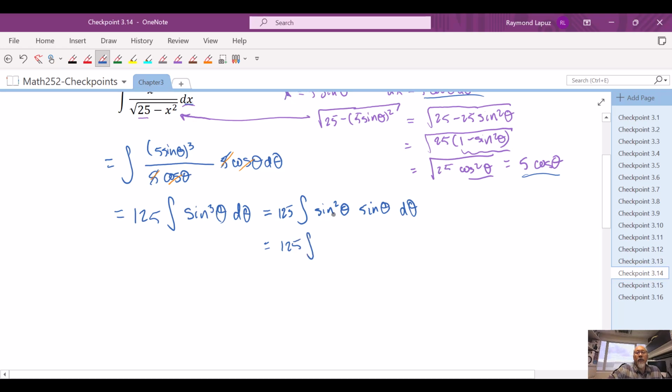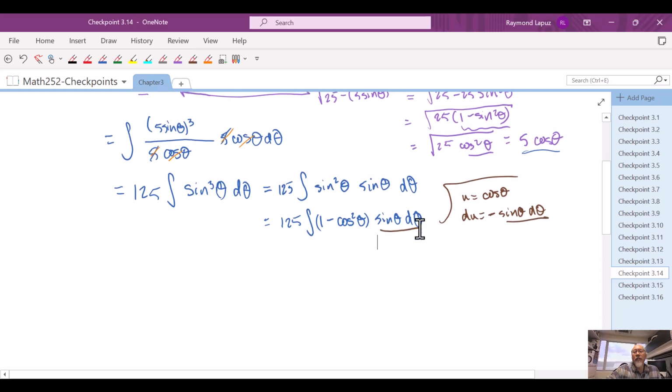And then we will rewrite the sine squared theta as 1 minus cosine squared theta. And then we have a sine theta d theta. All right, from here we will do a u substitution. We will let u equal cosine theta, and then du will be equal to negative sine theta d theta.